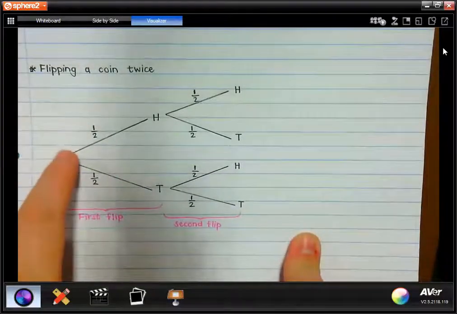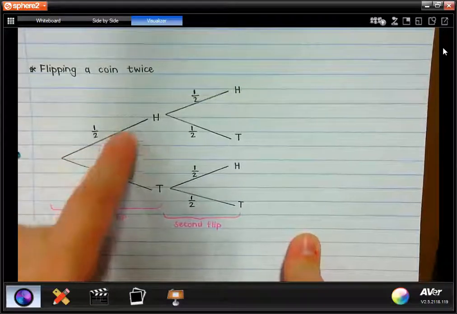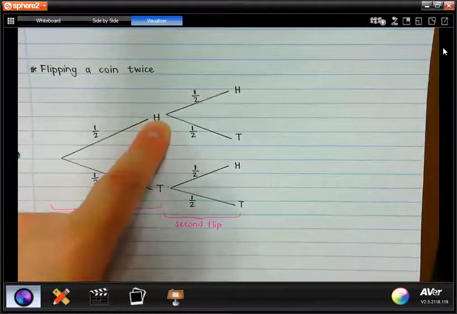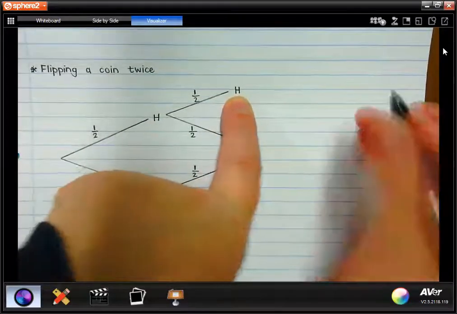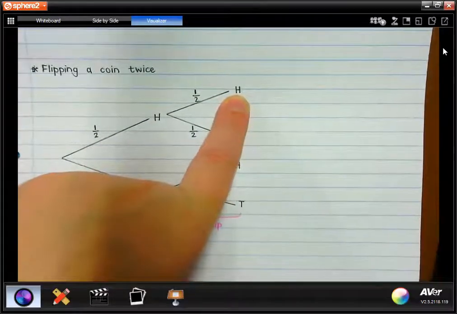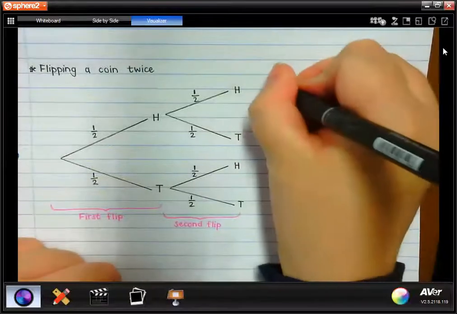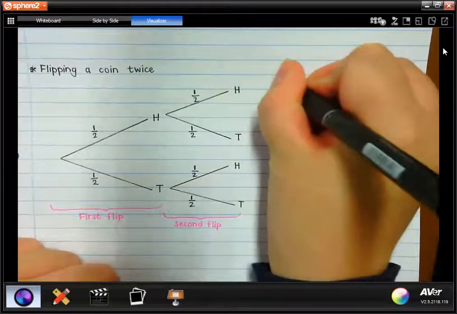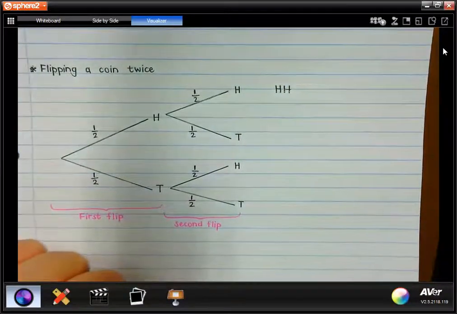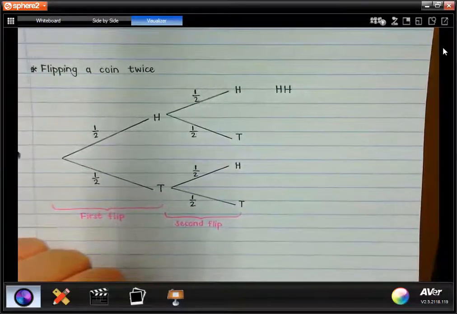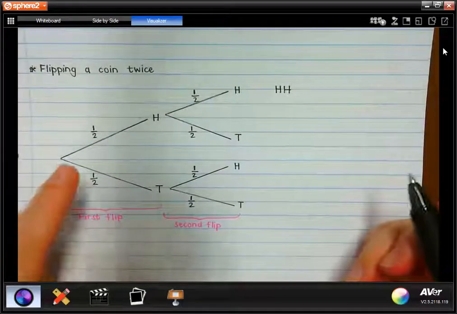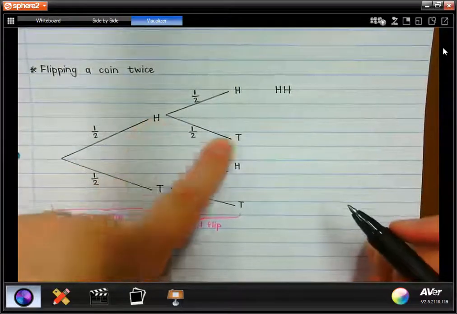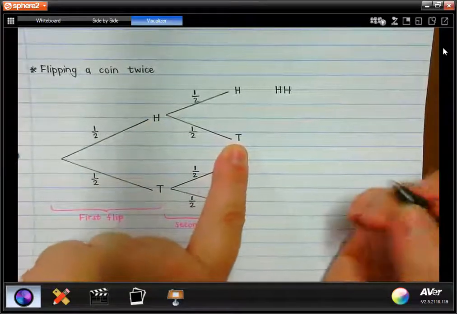So if we're following this first branch, we say, okay, at the first flip, it could land on heads, and then it could land on heads again. What does that mean? What am I getting? Heads and heads. So just write there, H H. That's one possible combination of outcomes. Or the first time it could land on heads and then the second time on tails.